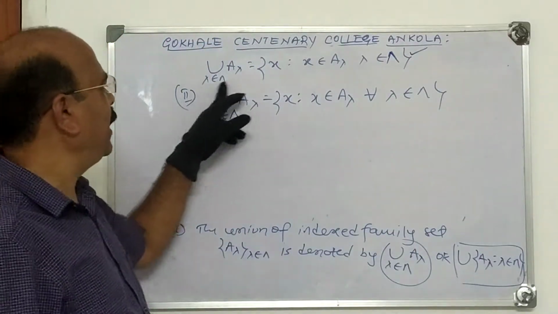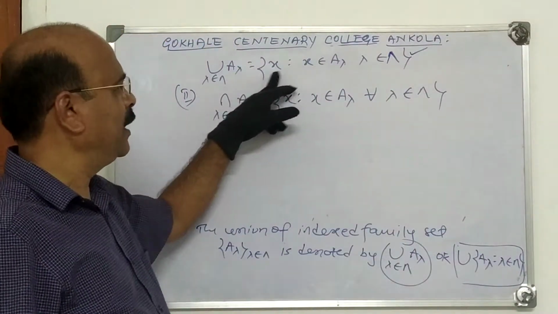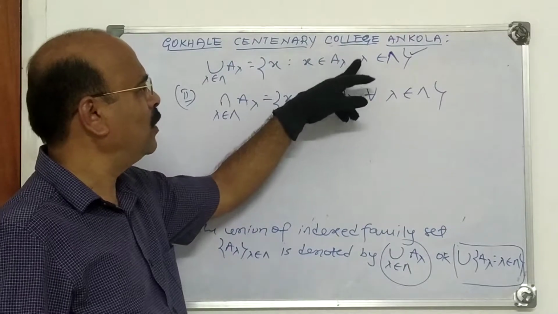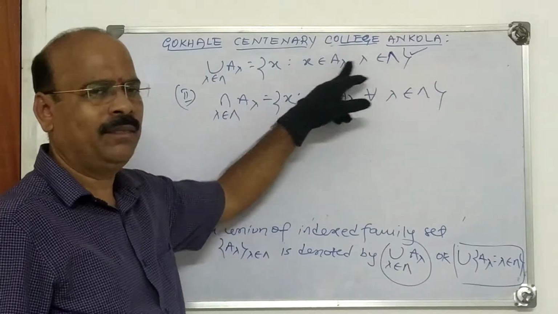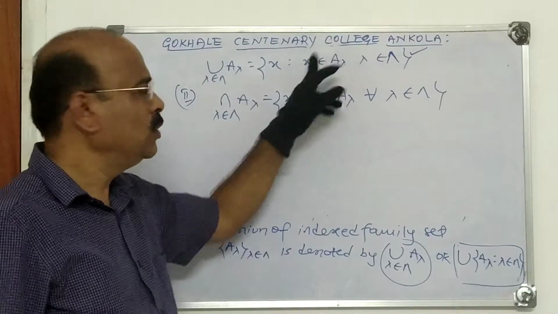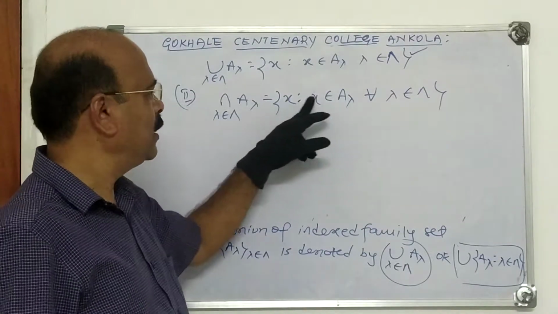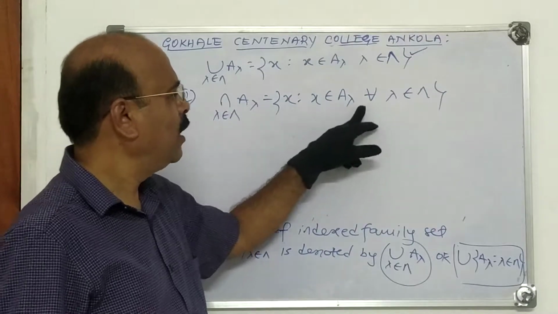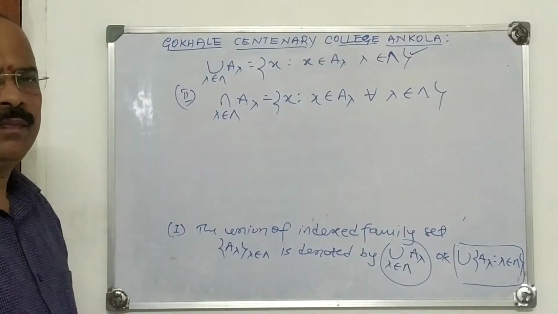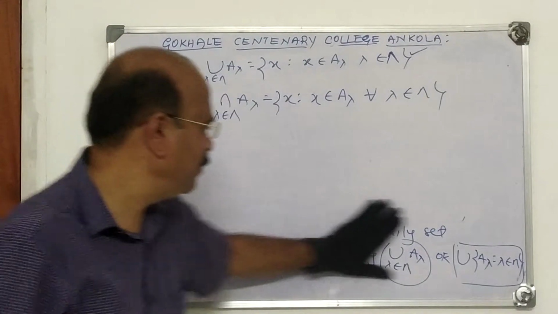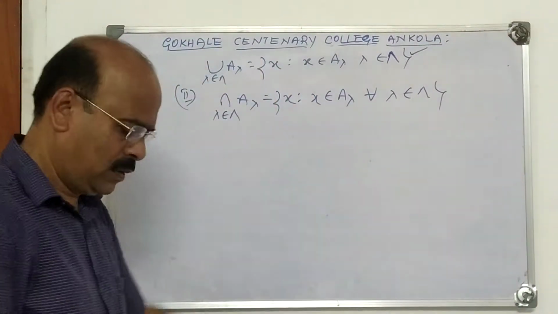For union, x belongs to A lambda for at least one lambda, then it belongs to the union. For intersection, x belongs to A lambda for all lambda belongs to lambda.